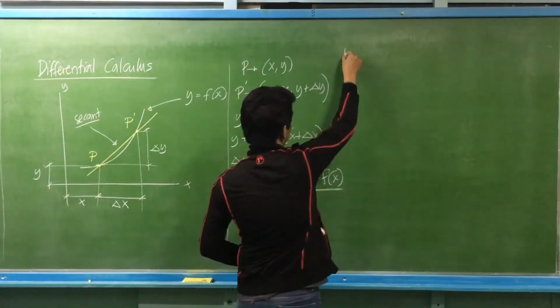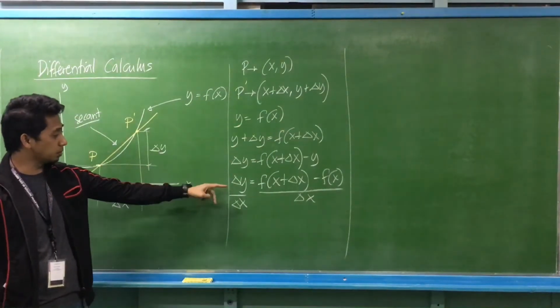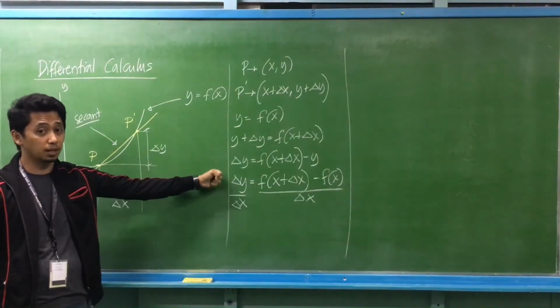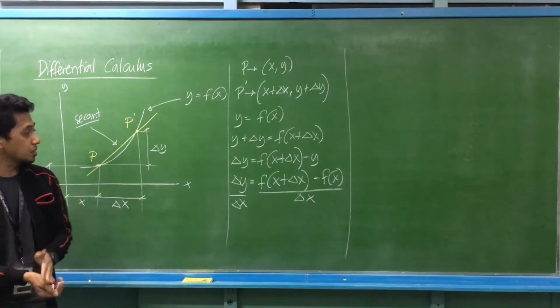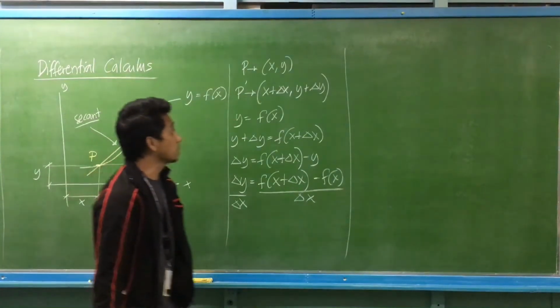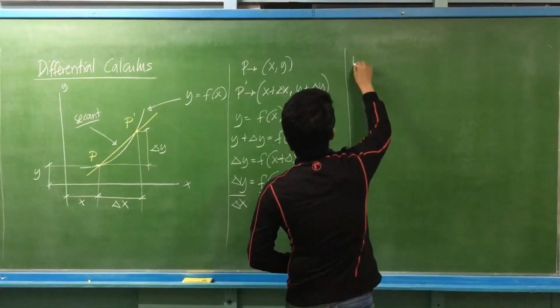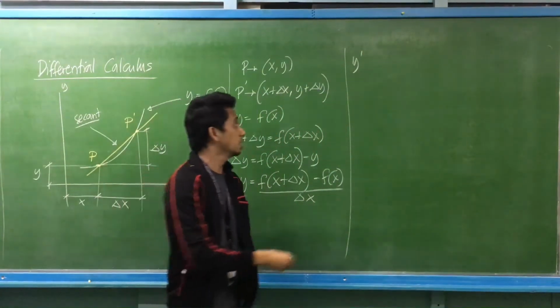So by definition, the derivative of the function is equal to the limit of the ratio delta y over delta x as delta x approaches 0. That's how we apply limit into derivation or differentiation. That is the same as y prime in some references. They're using y prime.